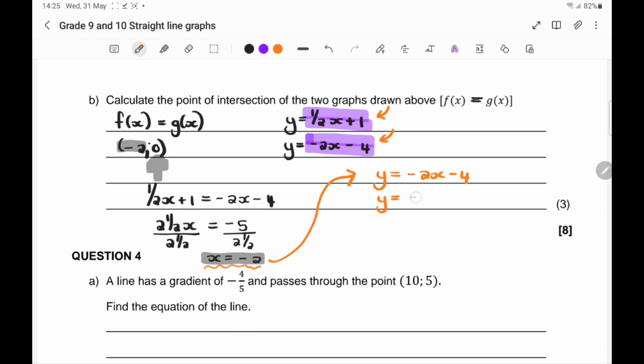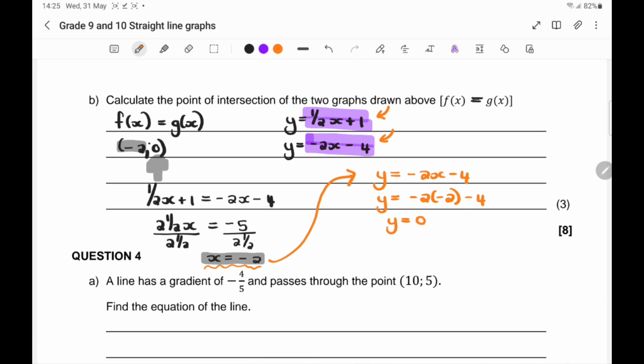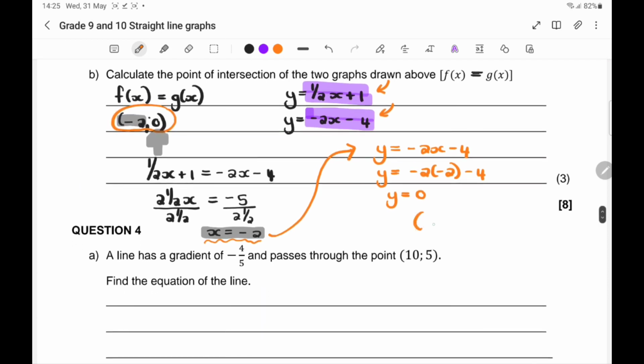So we've got y is equal to -2 times -2 minus 4. And that would give you a +4 minus 4, which gives you a 0. So can you see it gives you exactly this coordinate as read from the Cartesian plane, -2, 0. And this is the point of intersection.